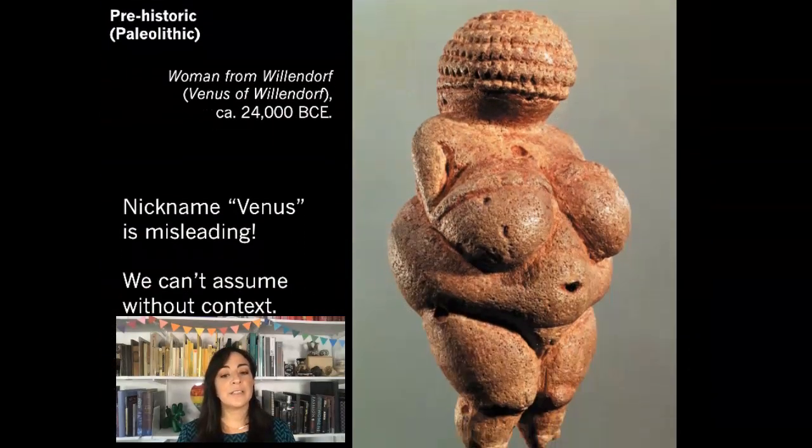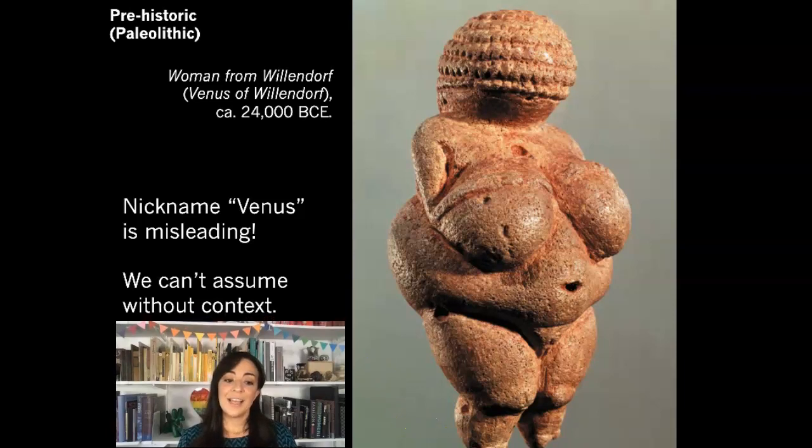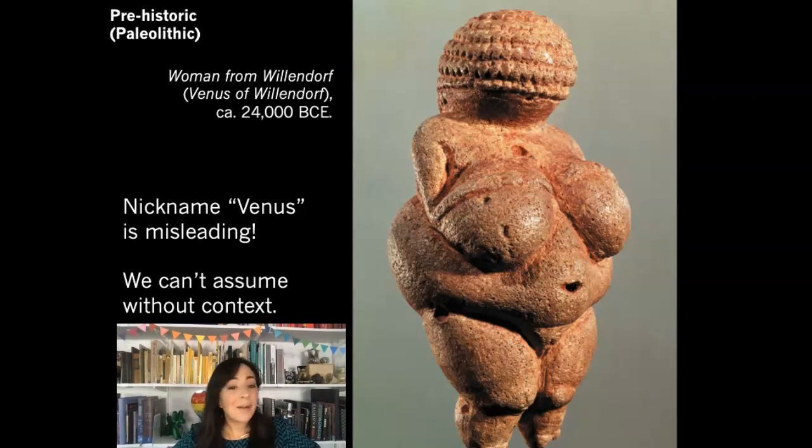Why aren't we calling her Venus? Great question. It's problematic to call her Venus because Venus is technically the name of the ancient Roman goddess of love and sex. And while this figure has very voluptuous curves, big breasts, a pubis, this belly, to associate her with Venus is extremely incorrect and very misleading because she's not a Roman goddess.